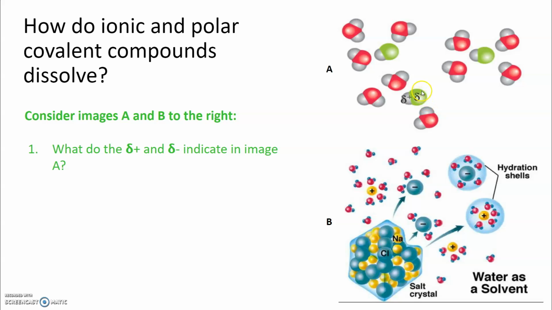What do you think the delta plus, so it looks like a cursive D or an incomplete 8 or something, and delta minus, what do you think those indicate? Those indicate our partial charges. And so that tells us that the gray side is a little bit positive, and the green side of this molecule is a little bit negative.